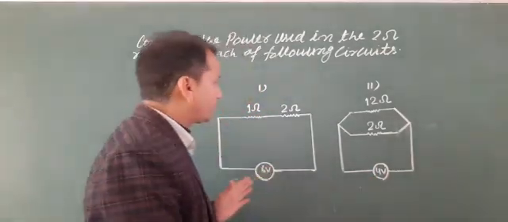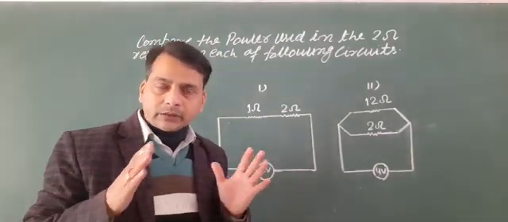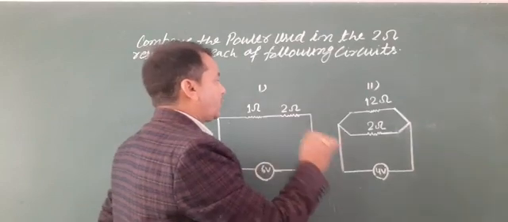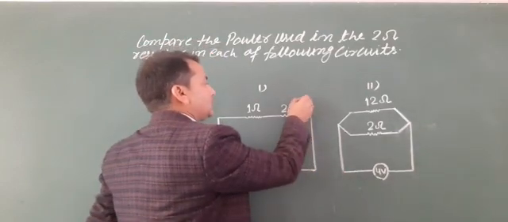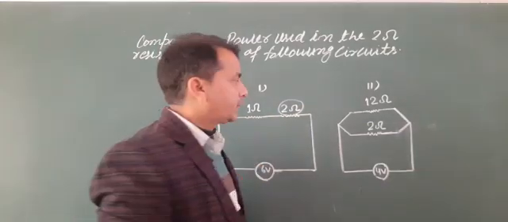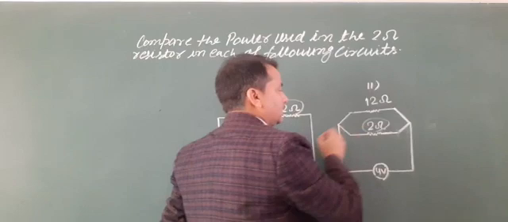So now compare the power in each 2 ohm resistor. According to this question, what is the power in the 2 ohm resistor, and here is the 2 ohm resistor.